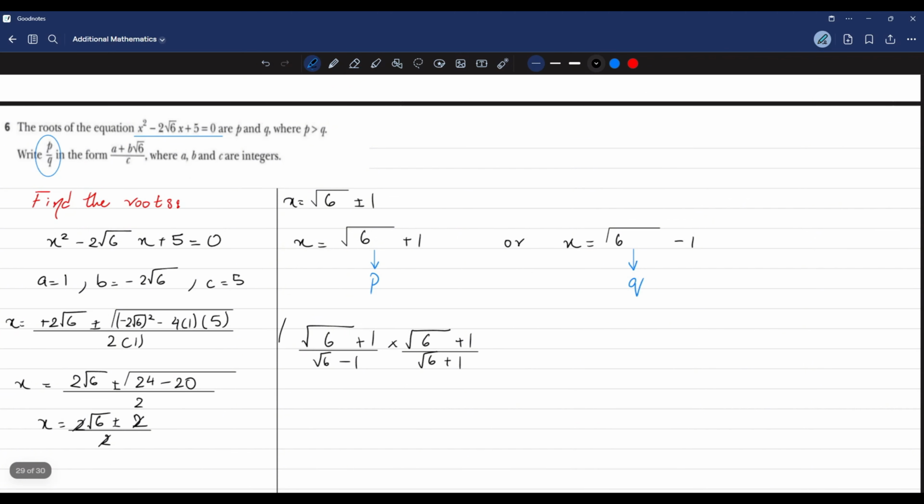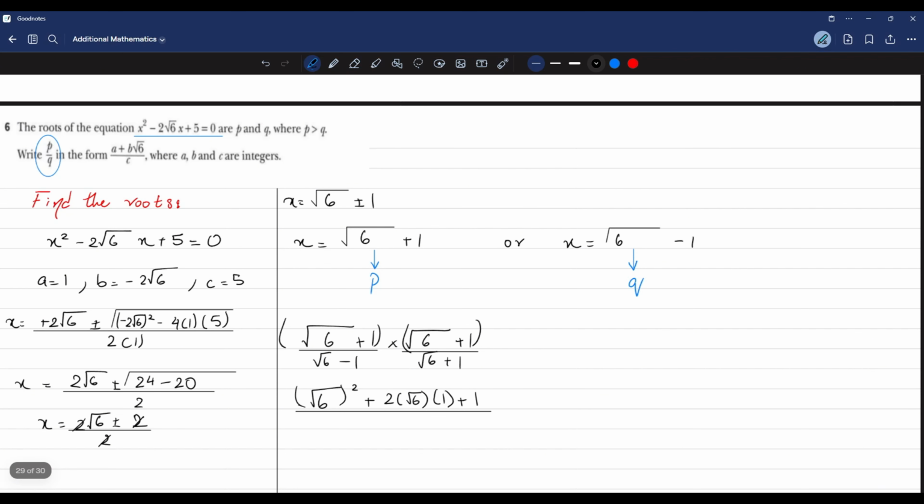a plus b multiplied by a plus b is equal to a plus b whole squared. So we are going to take this as a squared, which is 6, because under root 6, in fact, I'm going to go from the basics. Under root 6 squared plus 2 multiplied by under root 6 multiplied by 1 plus b squared, which is 1, divided by a plus b multiplied by a minus b.